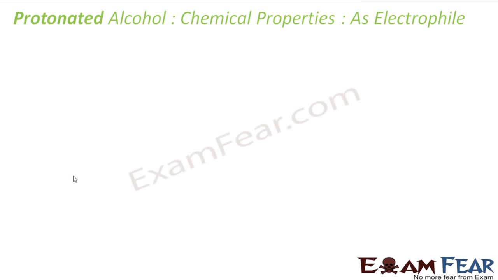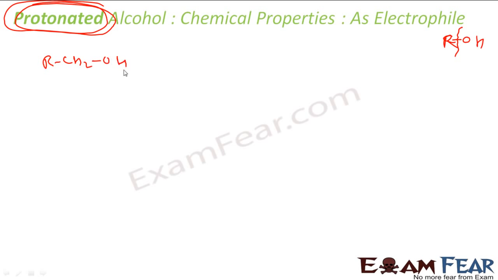Please note here, it is not alcohol but protonated alcohol which acts as an electrophile. So in this case, in my ROH, the CO bond breaks. Example: my RCH2OH is my alcohol. This has a lone pair of electrons. I get H plus, and this oxygen will give electrons to H plus.